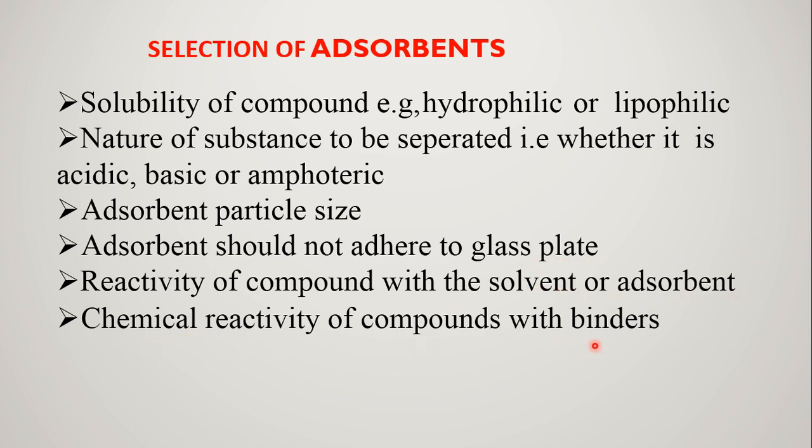Again, the chemical reactivity of compounds with binders, as we have seen in the earlier lecture, such as plaster of Paris binders, could also be used for making a very good TLC plate, a thin layer of stationary phase. So the chemical compounds present in our sample should not react with these binders.